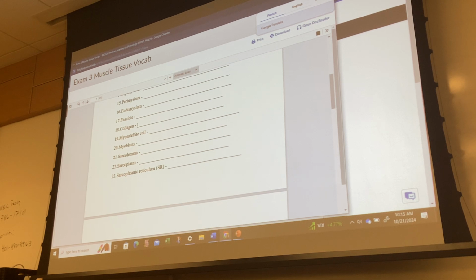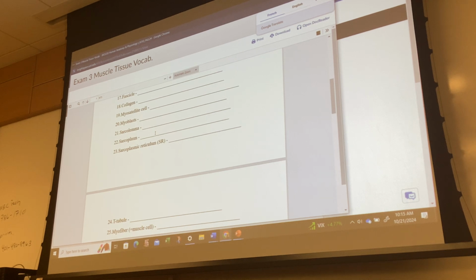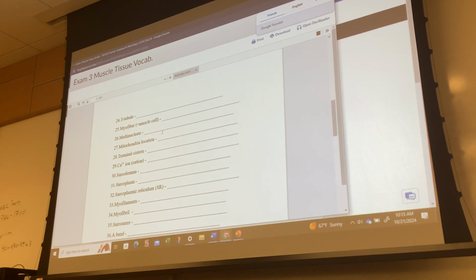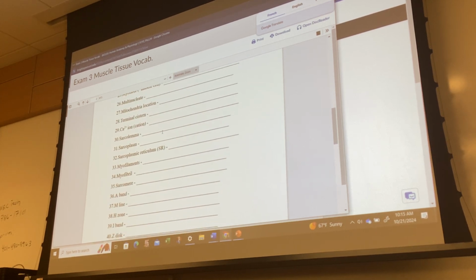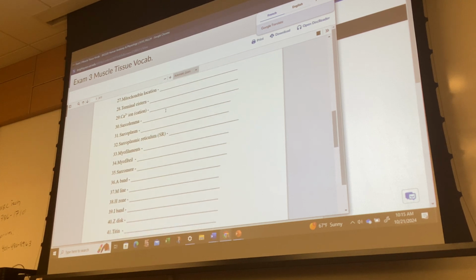But you have to remember, if I talk about collagen, what type of protein it is and what its function is. There's myoblasts. I don't know if I talked about the different types of cells in the embryonic development of muscles. But the sarcolemma and the sarcoplasmic reticulum, we definitely talked about. The myofibers and the structure of the multinucleate cell, terminal cisterns, and the calcium ions.